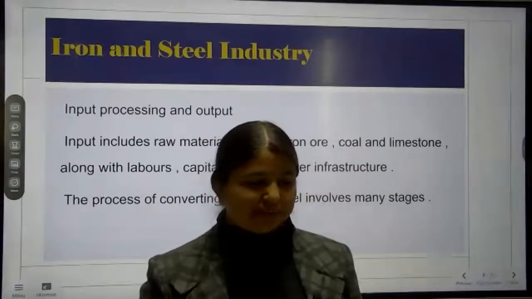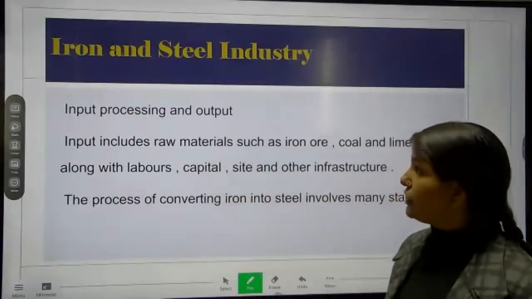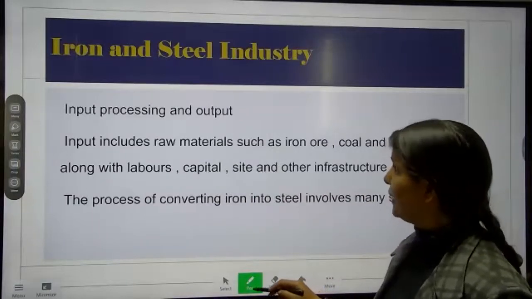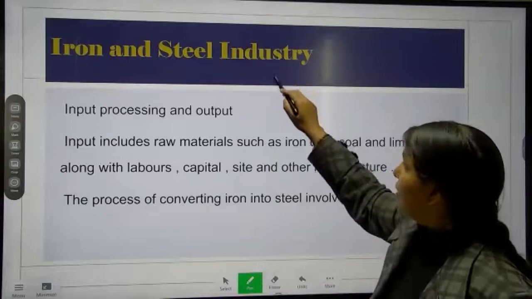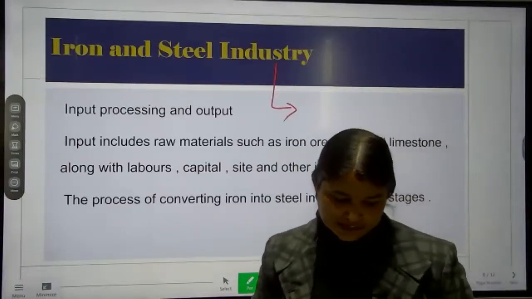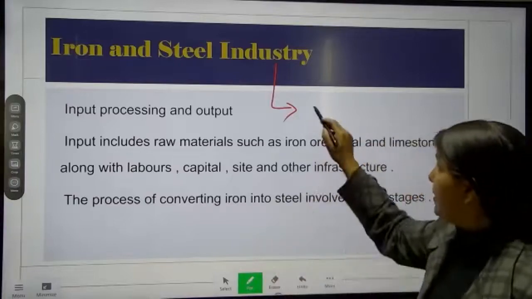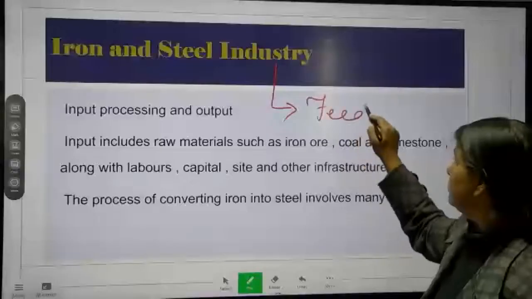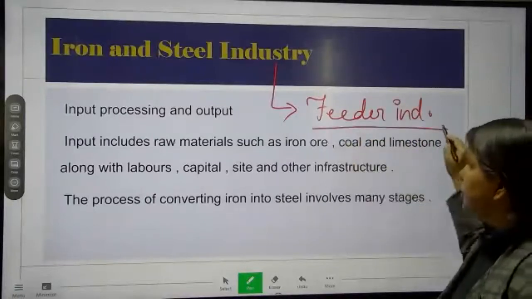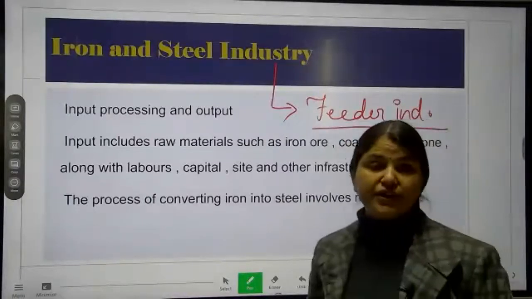Okay, very nice. Now students, we will come to our first topic, the iron and steel industry. The iron and steel industry is also known as the feeder industry. Why is it known as the feeder industry?